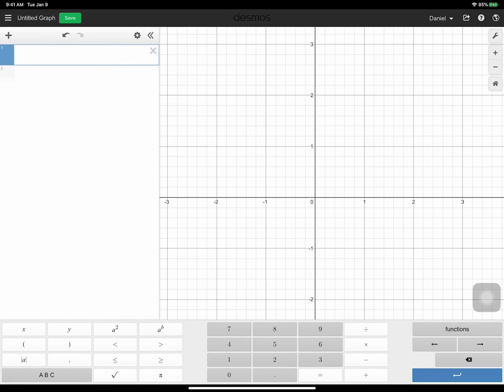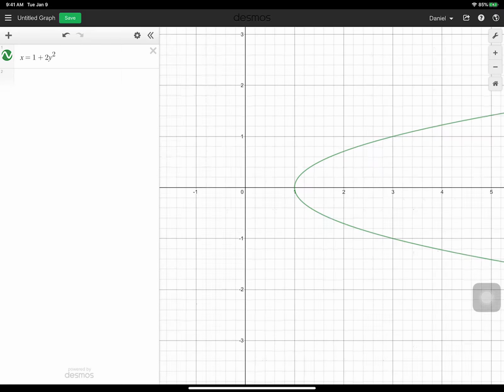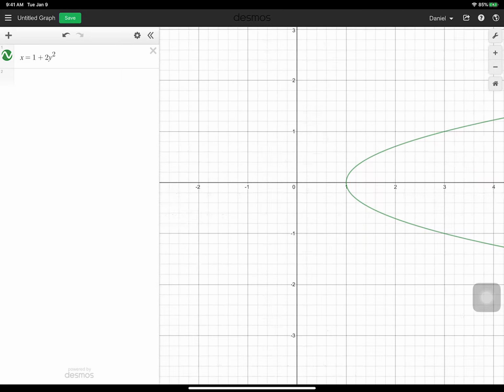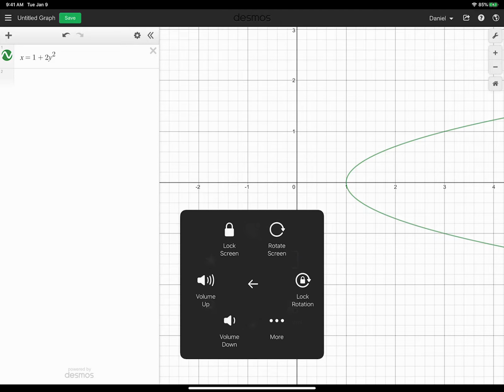Okay. x now equals 1 plus 2y to the second power. And they want to look at this from 1 to 2. So, okay, let's see if we can figure something out.